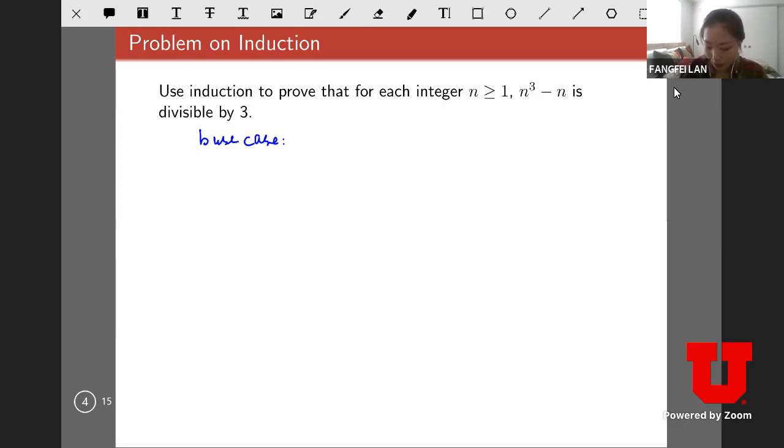Since n is greater than or equal to 1, the base case is n equal to 1. That's the smallest that you can possibly get for n. So n cubed minus n is 1 minus 1, which is 0. And this is divisible by 3. So 3 divides 0. So base case is check.